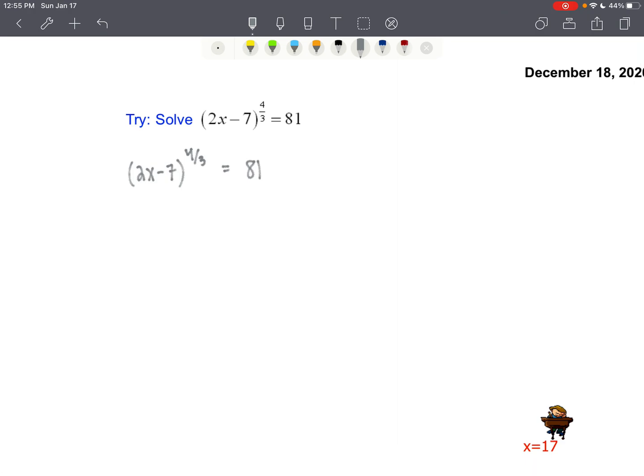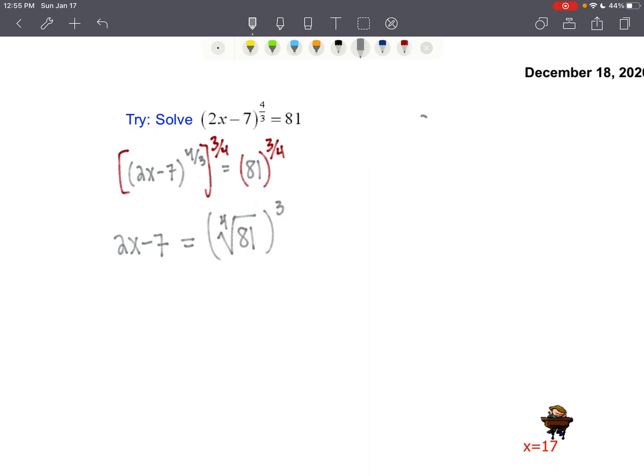But I'm going to show you something very important here. We're going to raise both sides to the 3/4 power. So that means I'm taking the 4th root of both sides. So we've got 2x minus 7 equals the 4th root of 81 cubed.